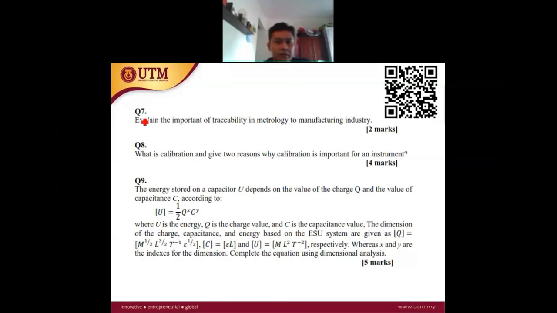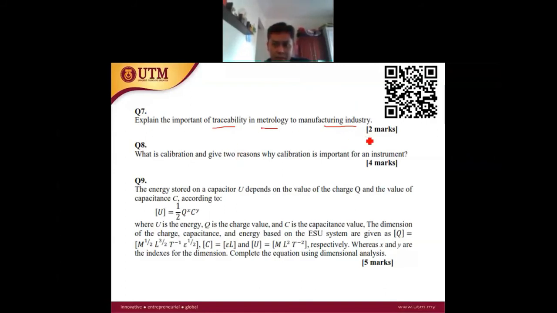For example, explain the importance of traceability in metrology, especially in the field of manufacturing. What are the importance?